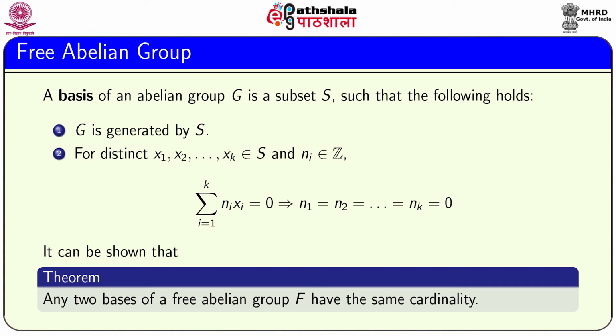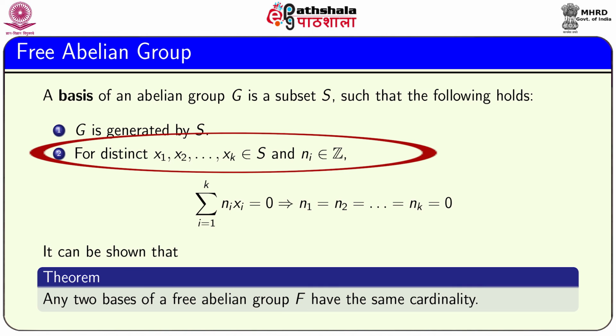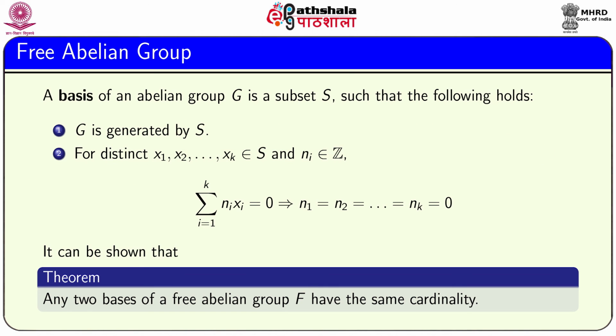G is generated by S, and for distinct x1, x2, ..., xk from S and ni from Z, the summation i equal to 1 to k of ni xi equal to 0 implies that n1 equals n2 equals etc. equals nk equals 0.